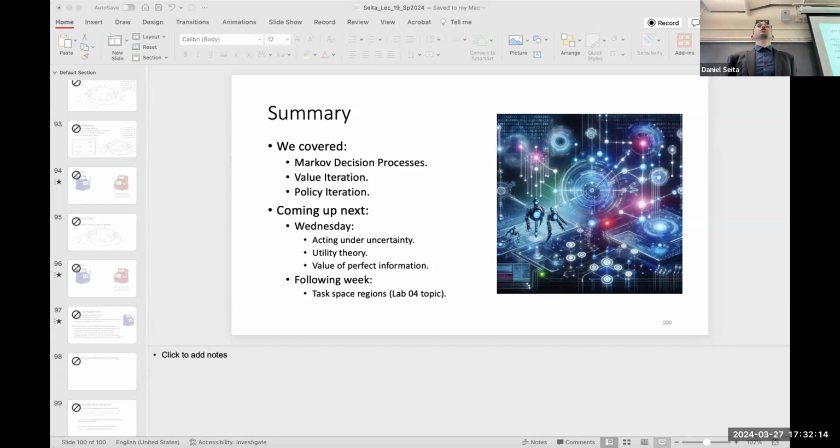Value of perfect information of the scout given the scouting report. So now we shade the node, so it's conditioned on the scouting report.